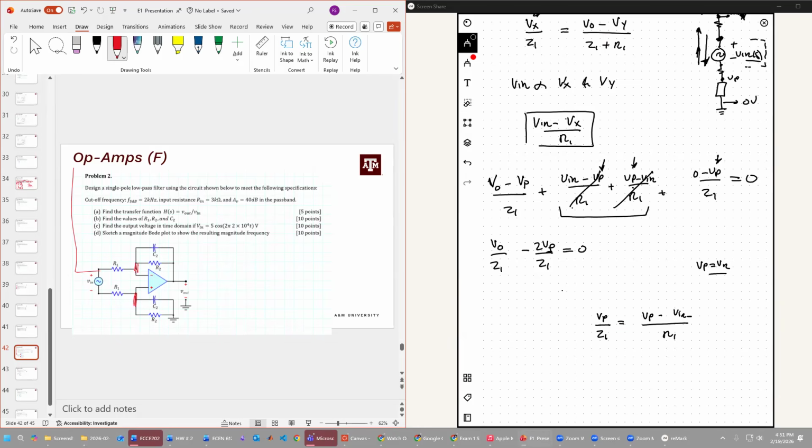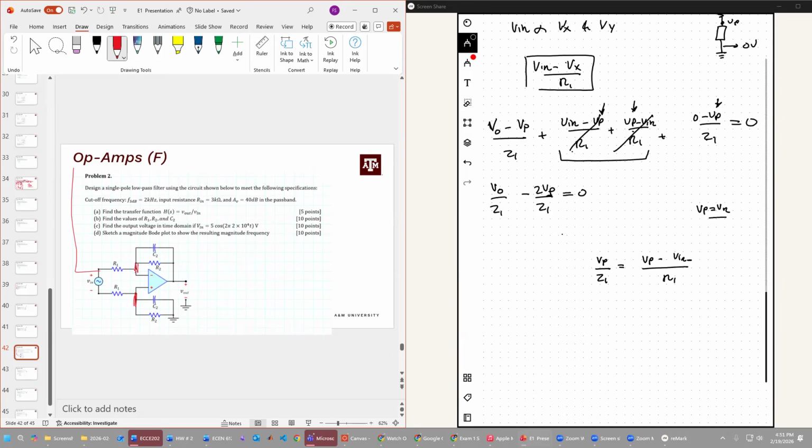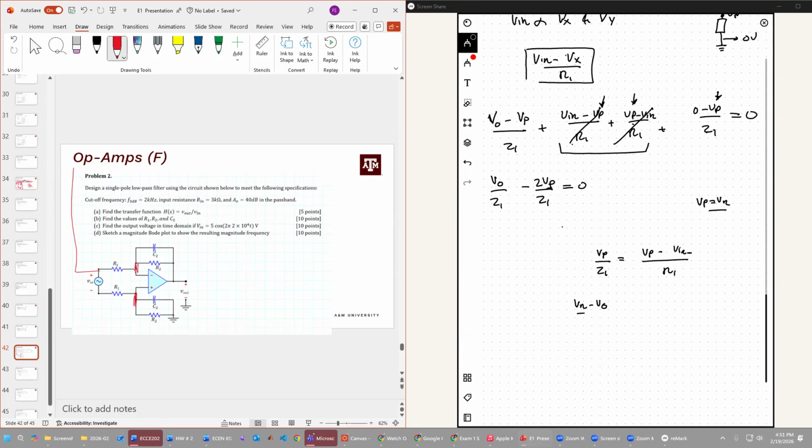And then on the other side, we have this Vn minus V out over Z1 equal to this minus Vn plus all over R1.